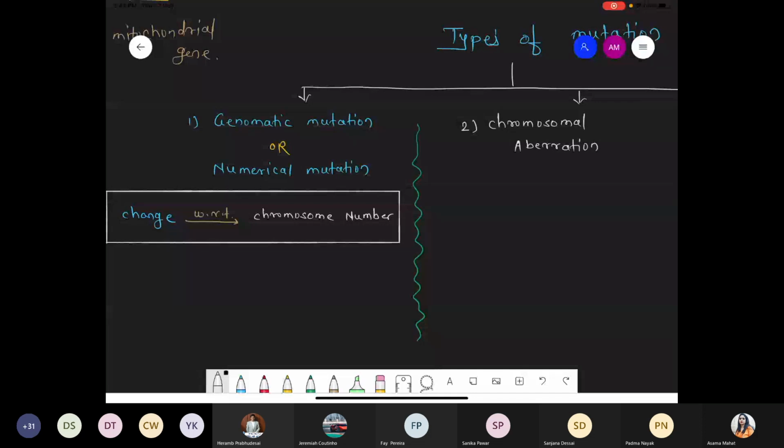Another point, there is chromosomal aberration. Chromosomal aberration means in this condition, change with respect to gene number as well as gene position as well as gene sequence.